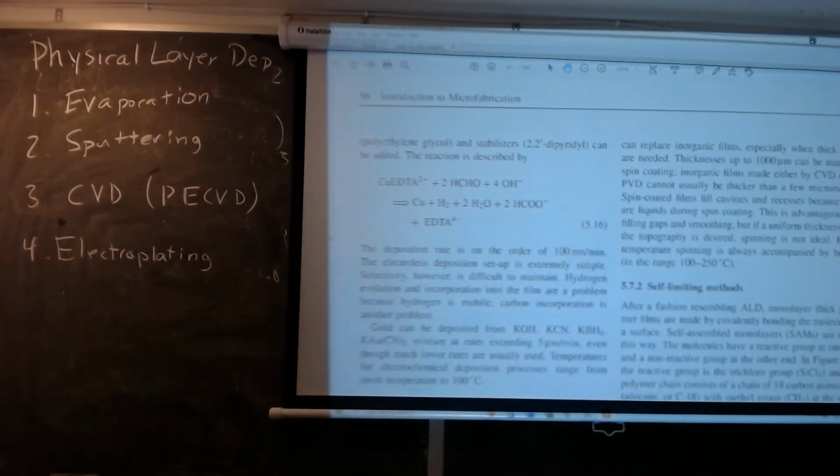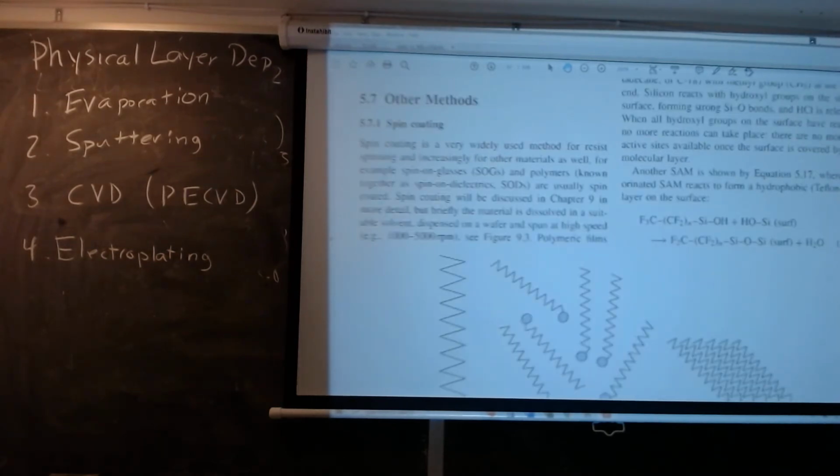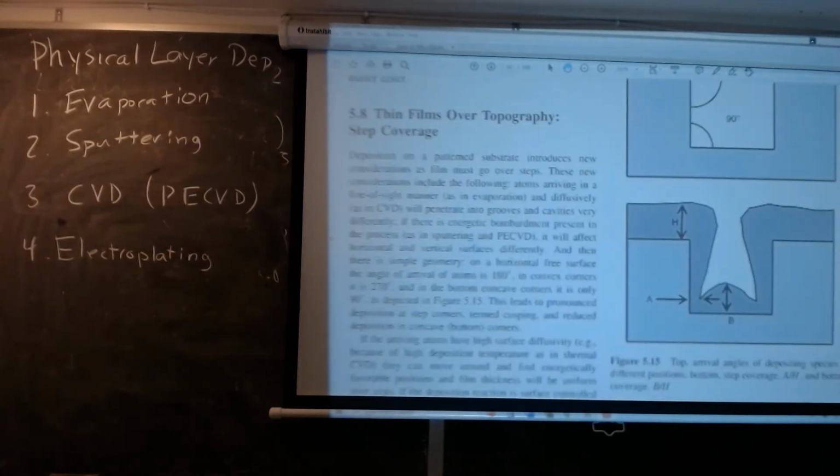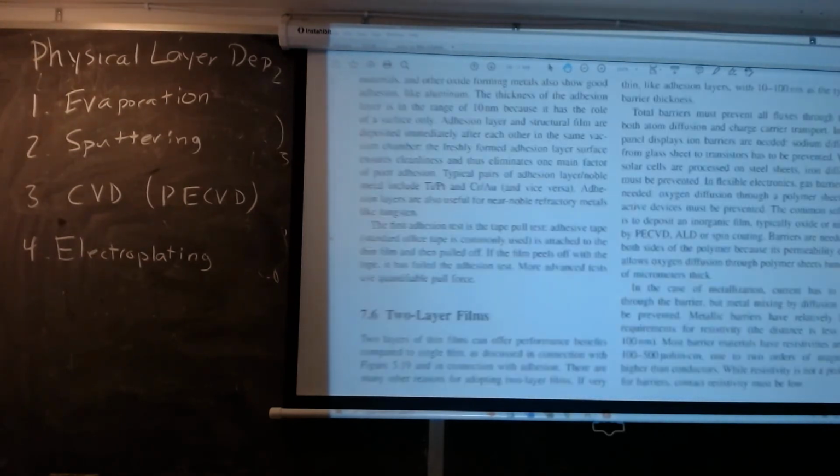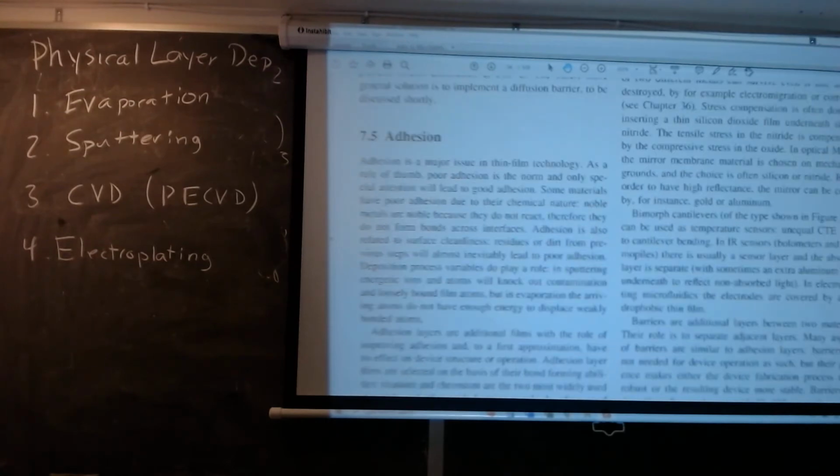Now, in the syllabus, there's a section 7.5 in the textbook, so it's a little bit out of place.